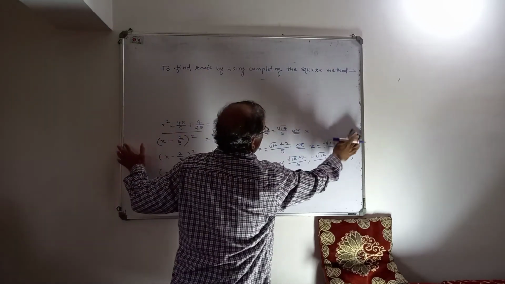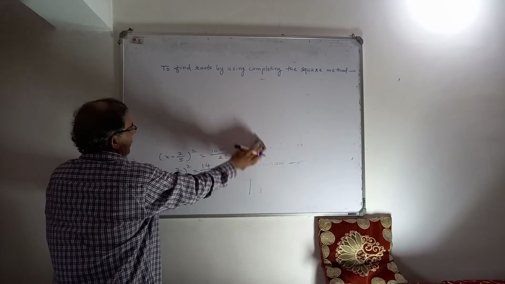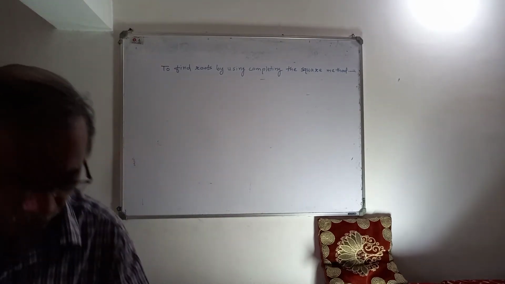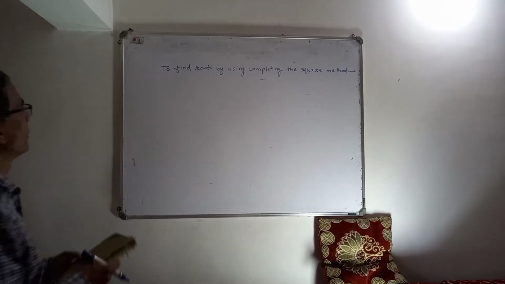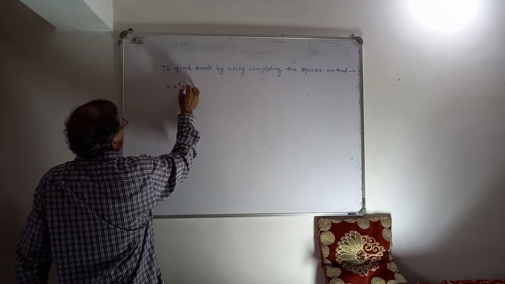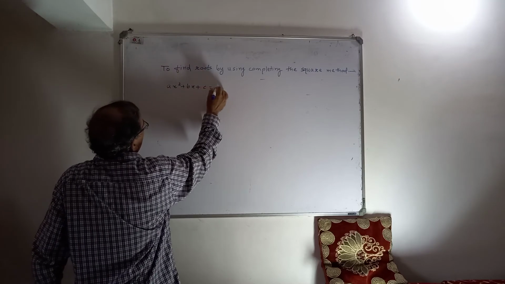Okay. Now, to find roots by completing the square method, I shall give you steps. Okay. Or you write down this and keep. For example, say ax square plus bx plus c is equal to 0.